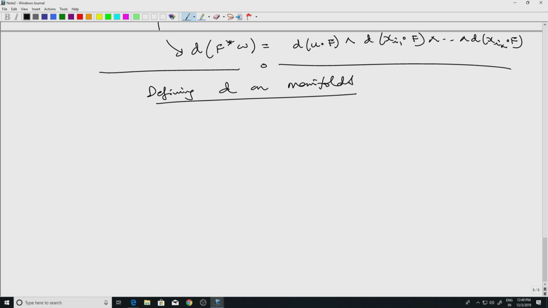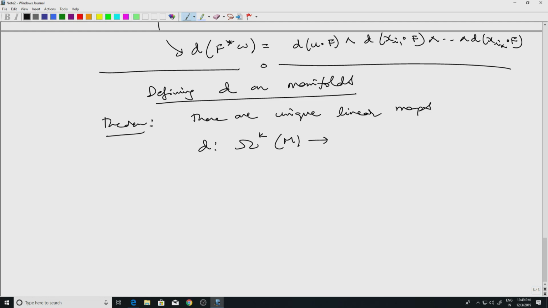Now let's recall what we were trying to prove. The theorem was that there are unique linear maps d from omega k of M to omega k plus 1 of M. Here k varies between 0 and, well, if the dimension of the manifold is n, we know that any k-form where k is strictly greater than n will be 0.